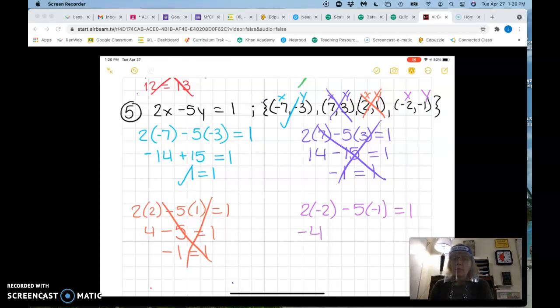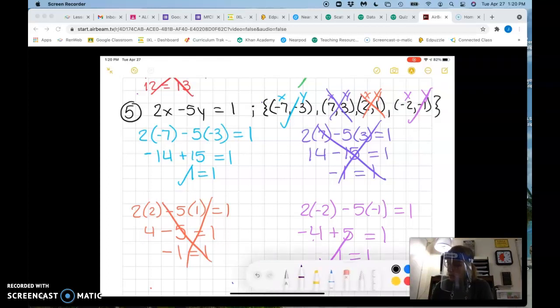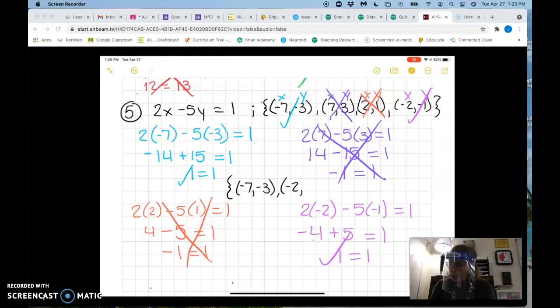Negative 5 times negative 1 is going to be a positive 5. And then negative 4 plus 5 is going to be 1. 1 equals 1. So my solution set is going to be negative 7 and negative 3, and negative 2 and negative 1.